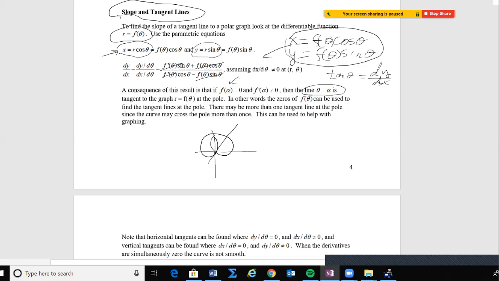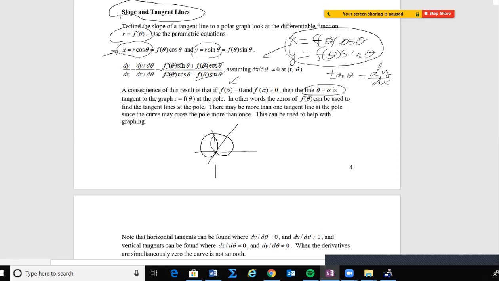We look for the place where r of theta or f of theta equals 0, then we'll have a tangent right there at that place. The tangent is tangent to that angle right in here. dy/dx is the tangent of theta.